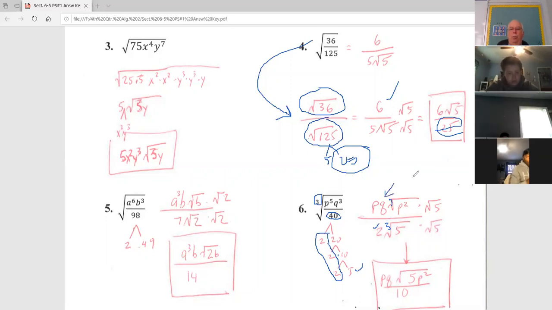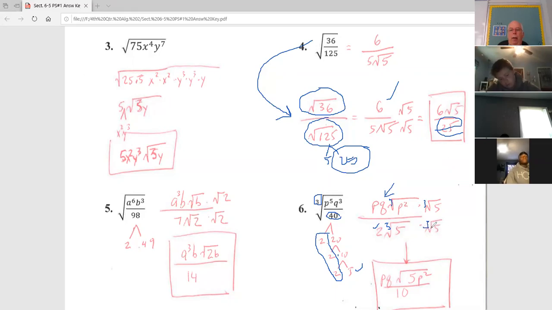I didn't realize this till right now, just walking you back through this. This was a little bit of a trick problem. We cannot have a radical in the denominator. You may have made the same mistake I did: by forgetting we're doing cube roots, not square roots, we do not multiply by radical 5.